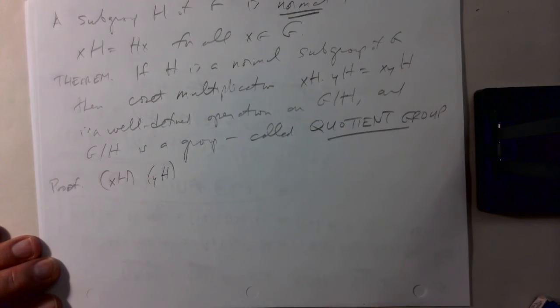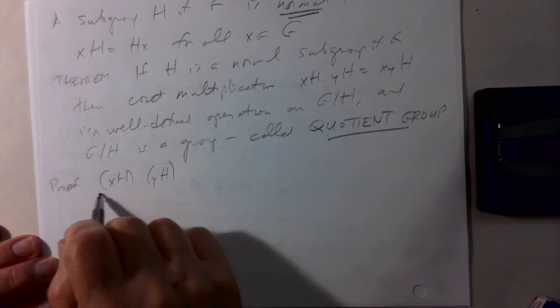So let's prove that this multiplication is well defined. Proof. So suppose we take XH, a coset, and YH. So this is a product of two sets.